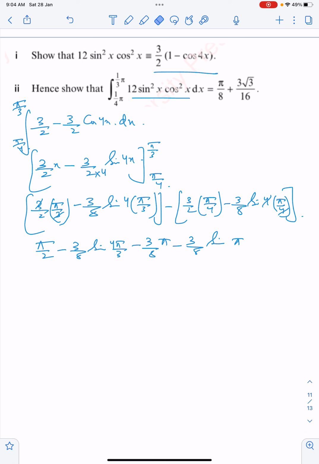Okay. Pi by 2 minus 3 upon 8 pi, I have to solve. So I'm solving this. Pi by 2 minus 3 upon 8 pi. It's 1 upon 8 pi, so pi by 8 here.